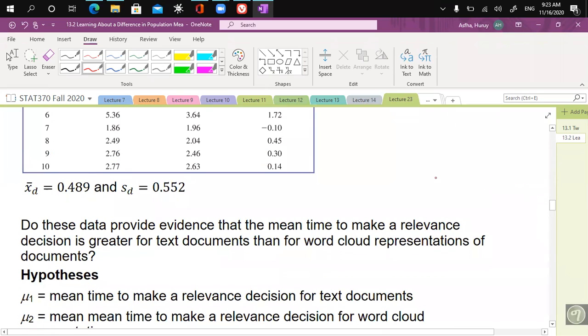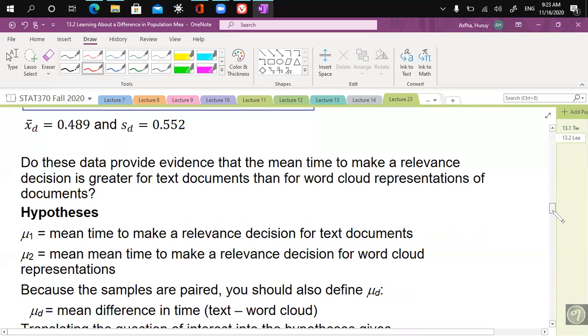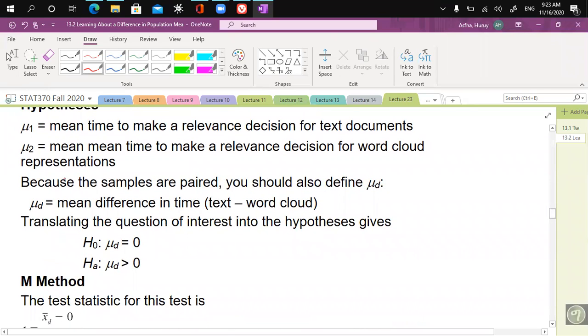So coming to the procedure, here we have the sample values, and going step by step, we need to set our hypothesis. Since this is a paired sample, we have mu sub d, which is the mean difference in time, text minus word cloud.